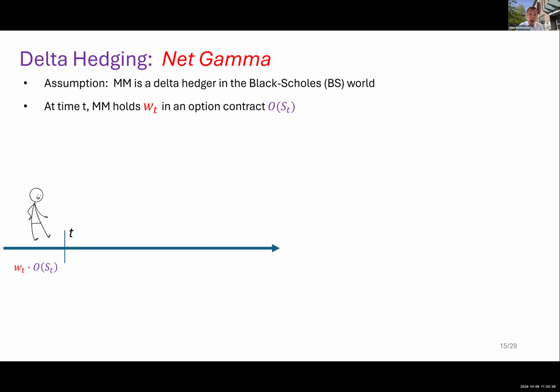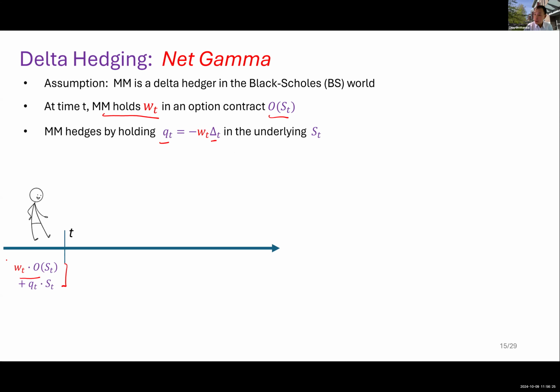Assume that at time t, the market maker holds this many contracts, W_t, in the option. That's where her portfolio begins. If the market maker wants to hedge this position, she has to hold this amount, delta, on the underlying index, where delta is the delta of the option, straight out of Black-Scholes.